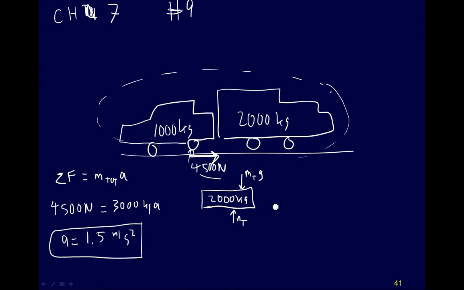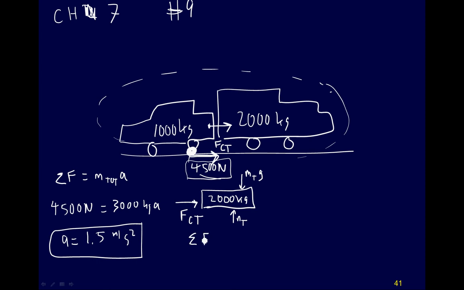In the horizontal direction, now a lot of people want to say this 4,500 is acting on it, but actually that 4,500 is acting at the tire of the car. What's actually applying a force on the truck is the car, and so I'll call it the force of the car on the truck, F of C/T. Again, there's no friction or anything slowing it down, so that's the only horizontal force acting on the truck.